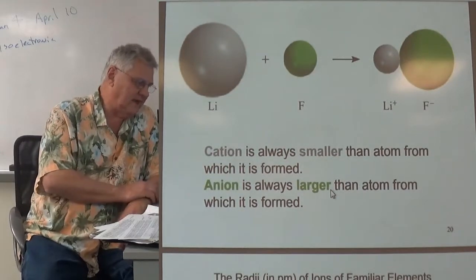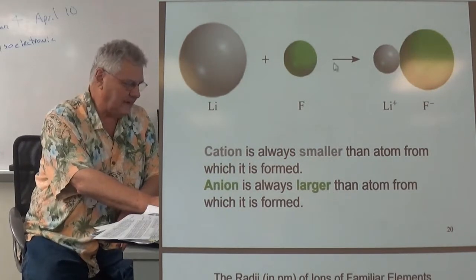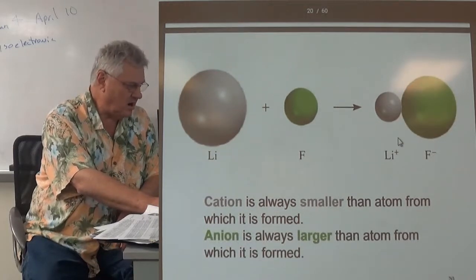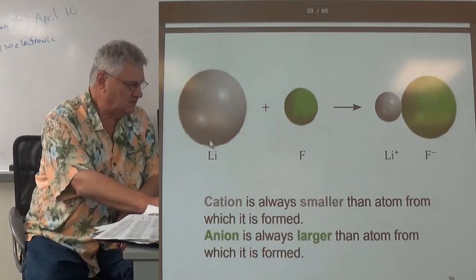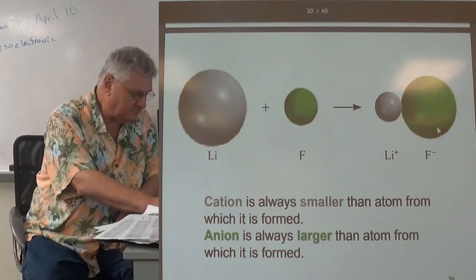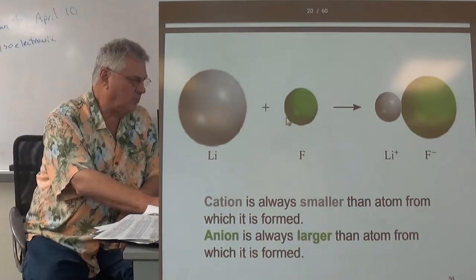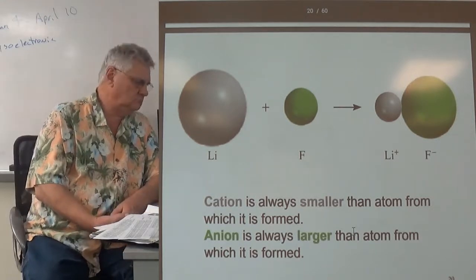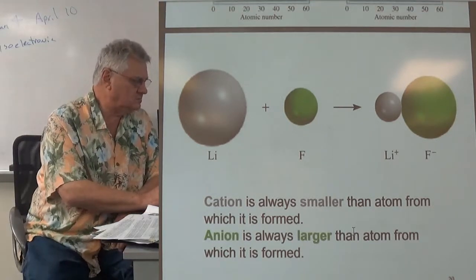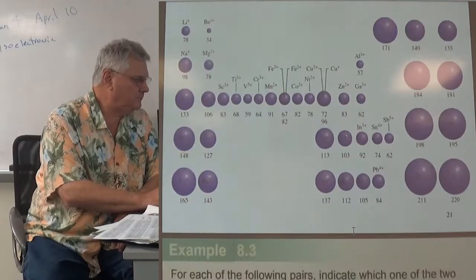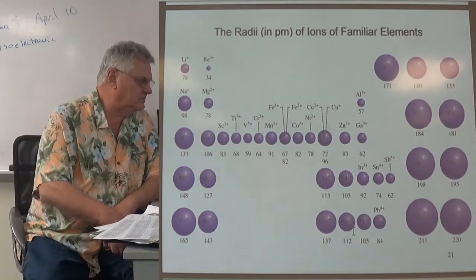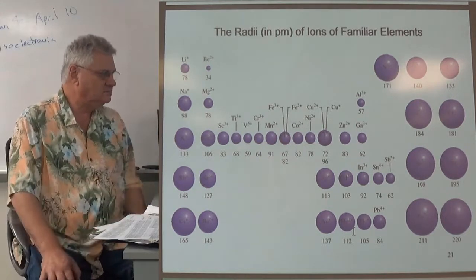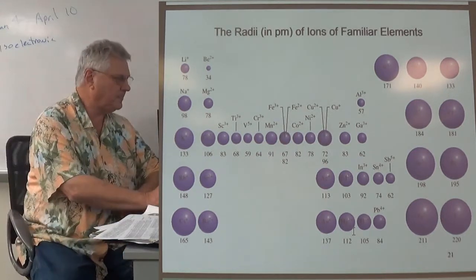And here you can see when a lithium atom reacts with a fluorine atom to make lithium fluoride, the lithium ion gets smaller than the lithium atom was, and the fluoride ion gets bigger than the fluorine atom was. Cations are always smaller than the atom, anions always larger. And here it shows you the dimensions of cations and anions.